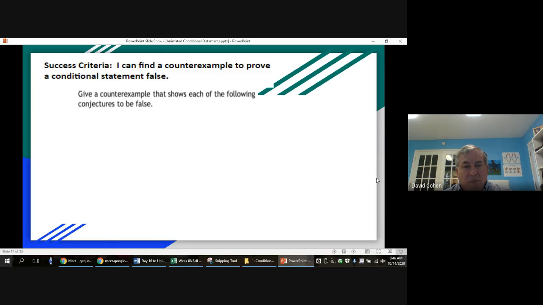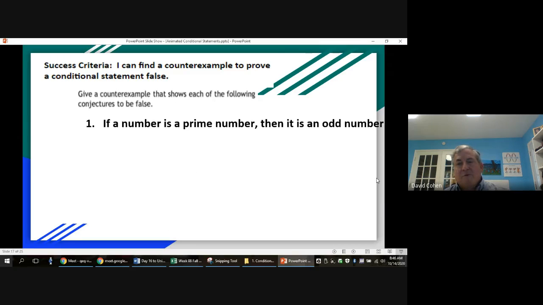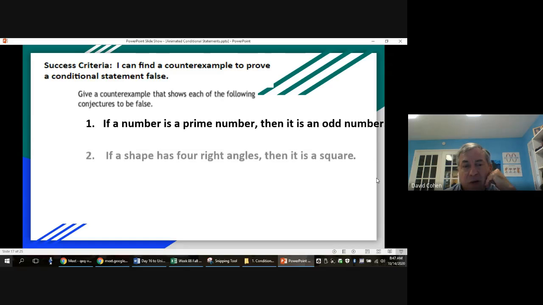So here are a couple. If a number is prime, then it is odd. Write down in your notes, probably the back of your page now, it's still either 1016 or 1019, one counterexample. I came up with only one so far, and that is the number 2, which is even, but also prime.